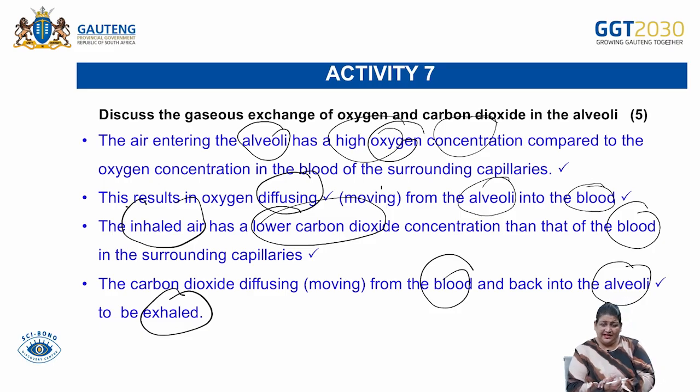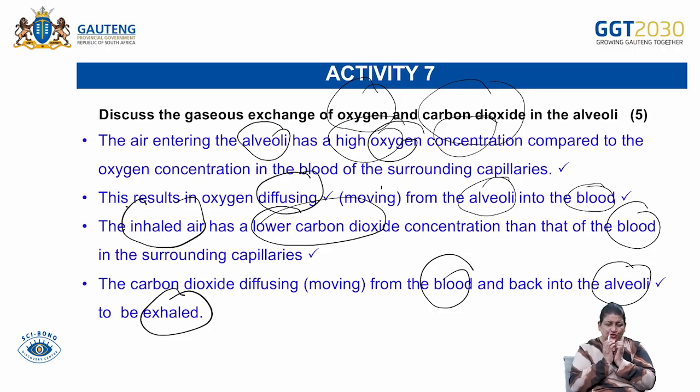Do you understand that, learners? Let us say it one more time. How does gaseous exchange of oxygen and carbon dioxide occur at the alveolus, which is your lung? You're going to say that the air that is inhaled from the outside to the lung has a high concentration of oxygen.